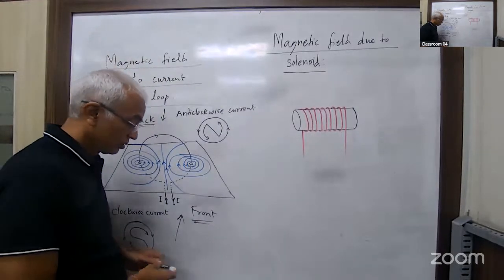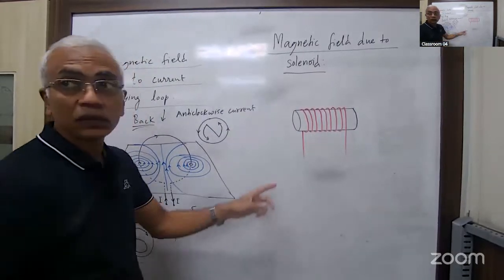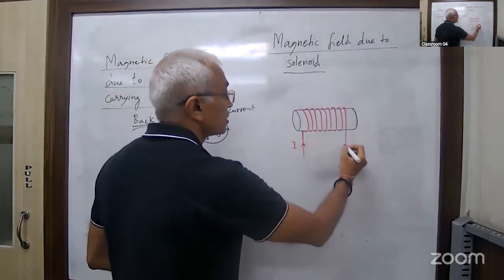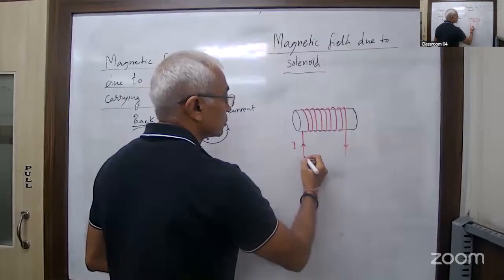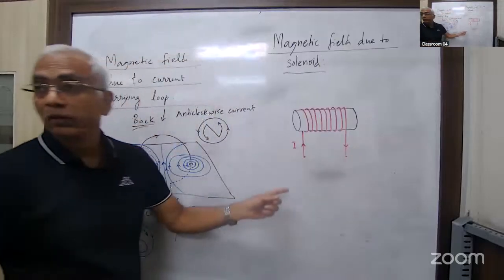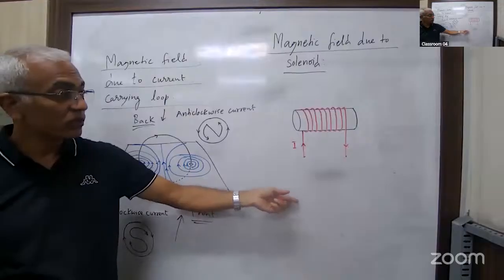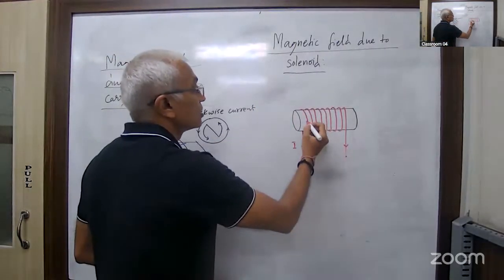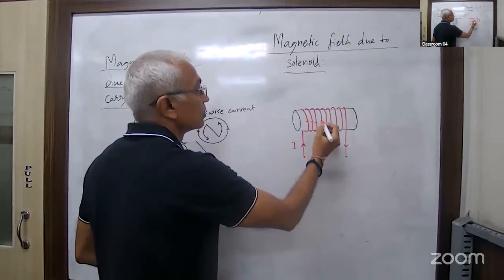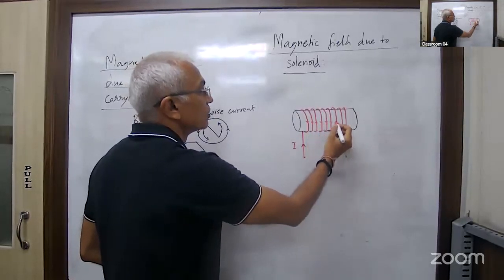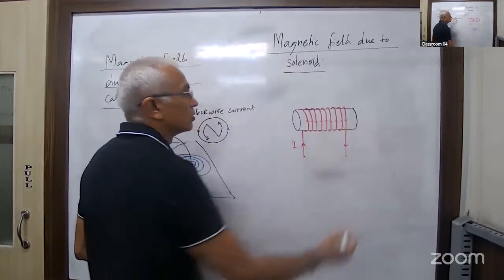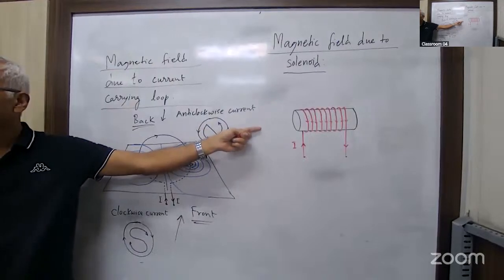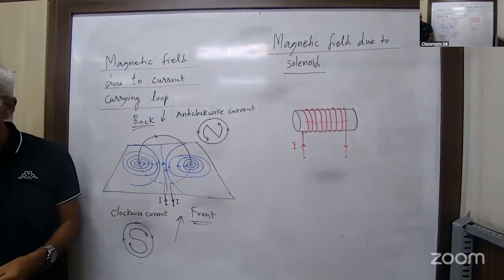Okay, now let us say the current is entering from this end and it is leaving from this end. We can apply some cell or any power supply. So this is how the current direction will be. When you see from this side, what is the direction of the current, clockwise or anti-clockwise?